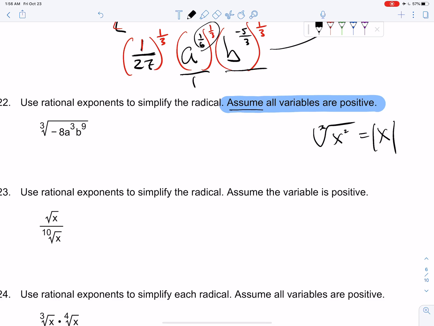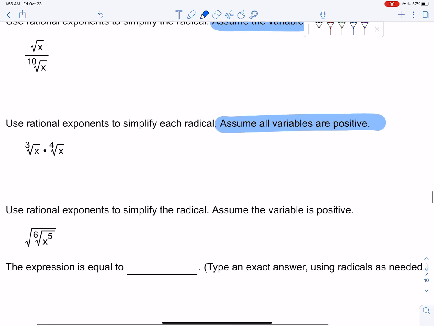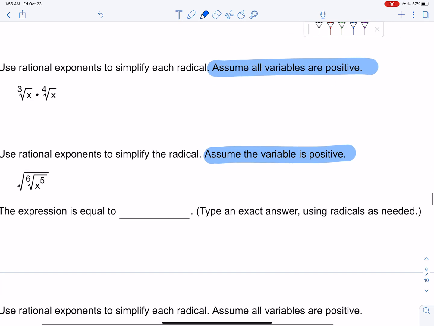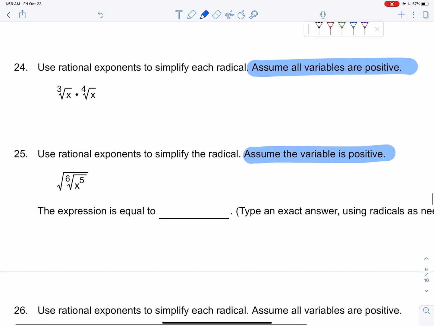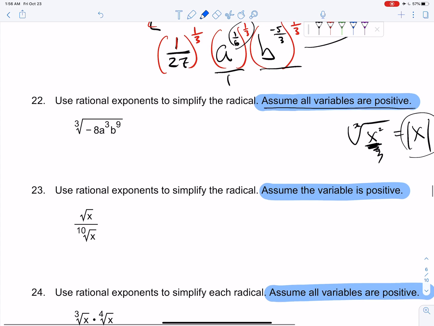Once they say assume all variables are positive, now we don't have to worry about that x being negative, and we don't have to worry about absolute values. So they take away that issue, and you can see that they love that. Assume all variables are positive. Okay, so we're not having to worry on these particular problems about that absolute value piece.